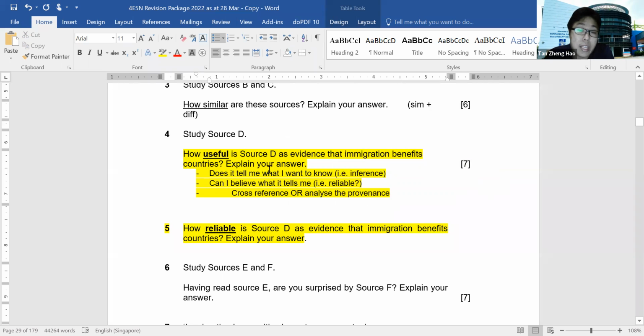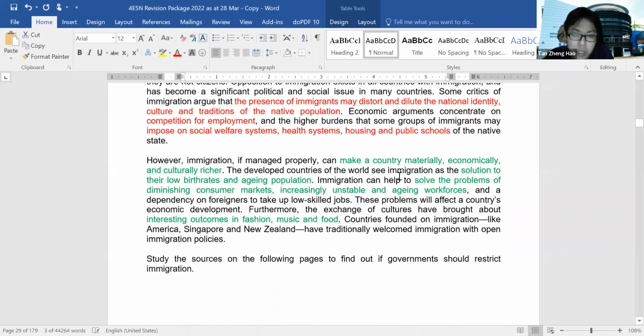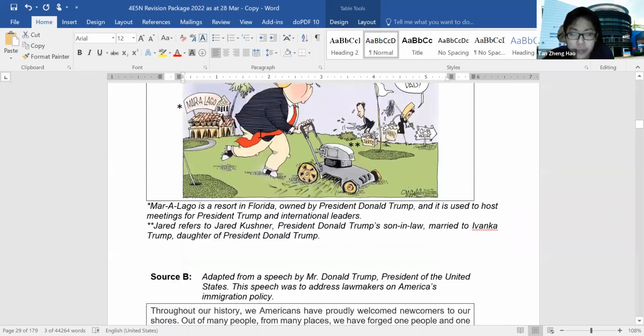So let's see, does it tell me what I want to know? Before I go into source D, remind yourself, I'm going to check whether source D tells me that immigration benefits the countries or not, and why. Let's look at source D. Let's read together.